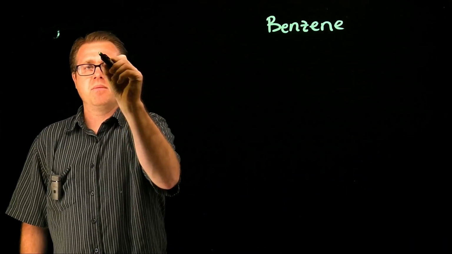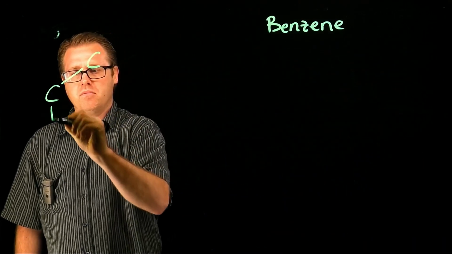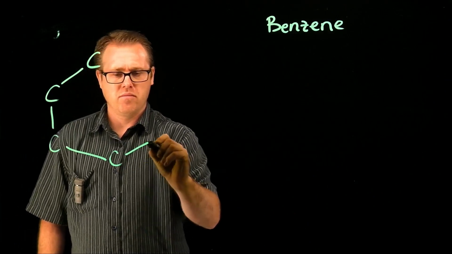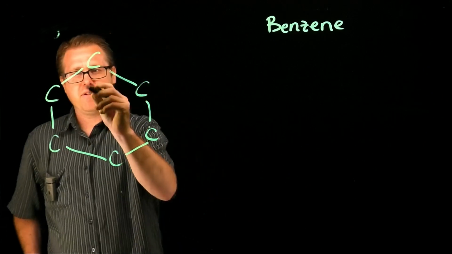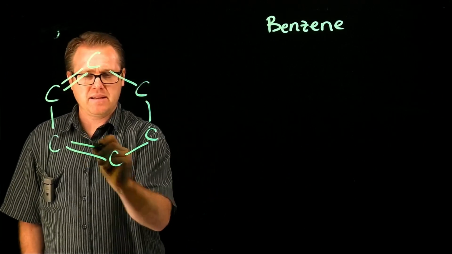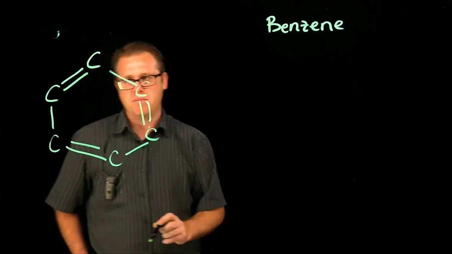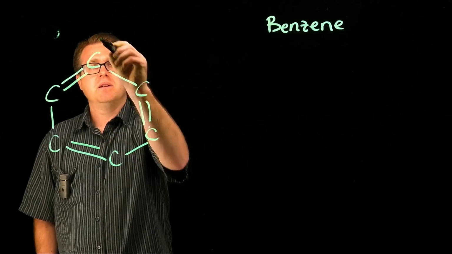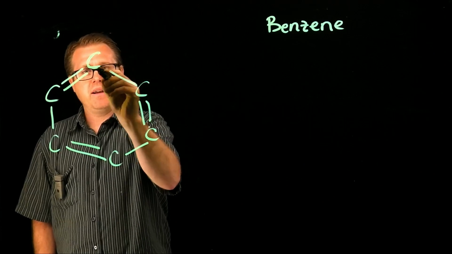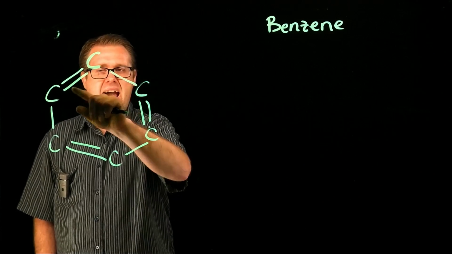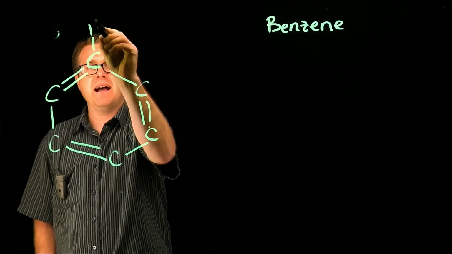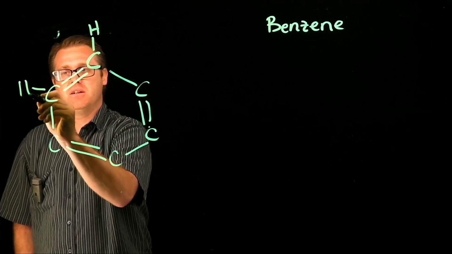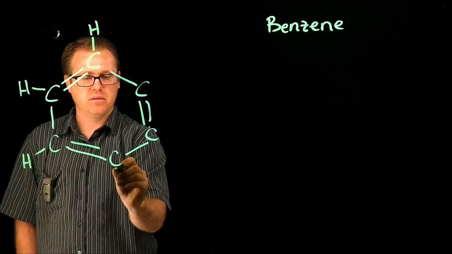Benzene is also a 6-membered ring, like that. But what's different in benzene is that it has alternating double single bonds. So this carbon right here at top, how many bonds does it have that's shown? 1, 2, 3. So that means there has to be 1 hydrogen on every carbon.